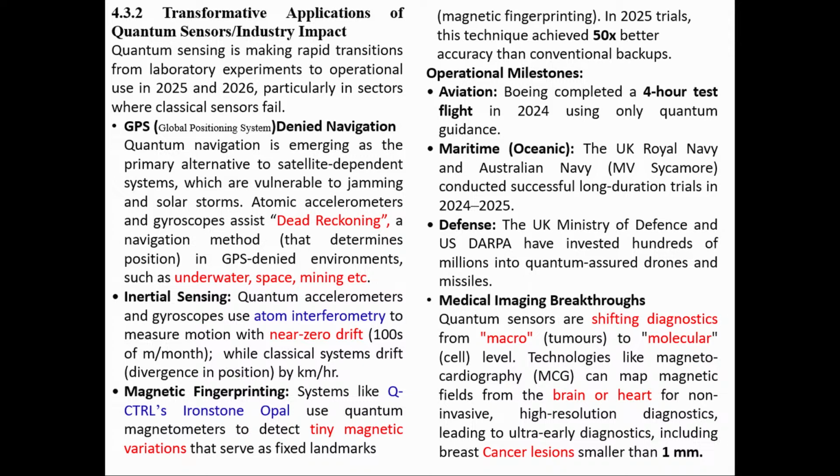So they will not change with the pressure or temperature or anything. Therefore, for example, it is highly sensitive magnetic fingerprinting, with 50 times better accuracy than conventional backups. And magnetic fields can be measured with 50 million times higher precision than classical magnetometers.